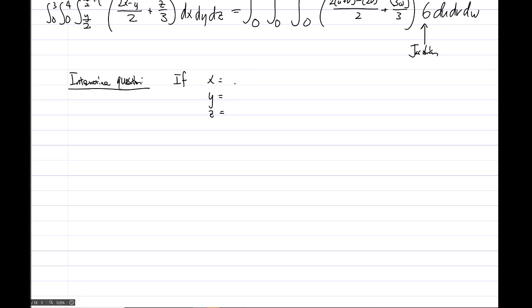So how about if x is rho times sine of phi times cosine of theta, and y is equal to rho times sine of phi times sine of theta, and z is equal to rho times cosine of phi, then you should compute here the Jacobian.